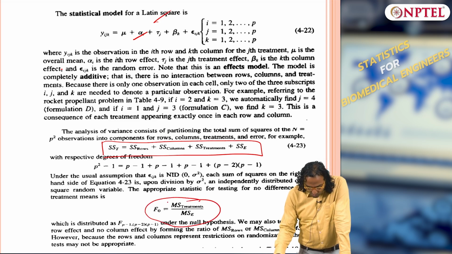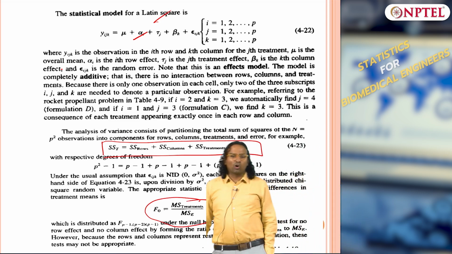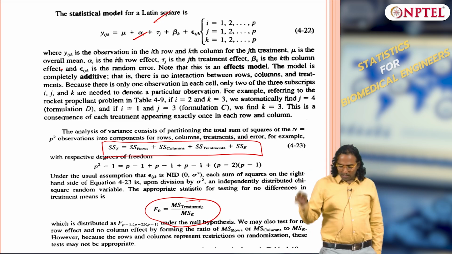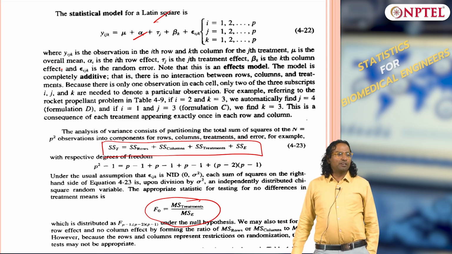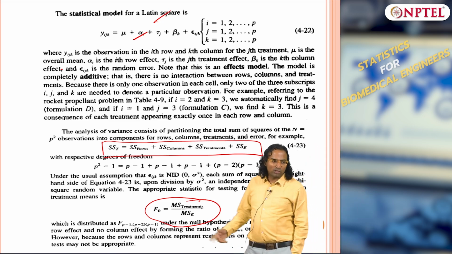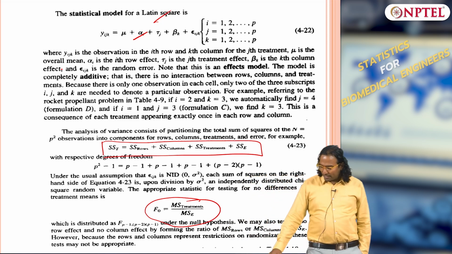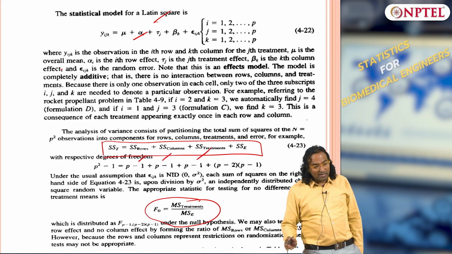Now, the total degrees of freedom is how much? Total, the grand sum. If the square design is 5, the total number of data points is 5 squared, 25, minus 1 for the grand mean mu. So you have 24 degrees of freedom, and you can split it into p minus 1 for rows, p minus 1 for columns and p minus 1 for treatments, and this naturally falls out.